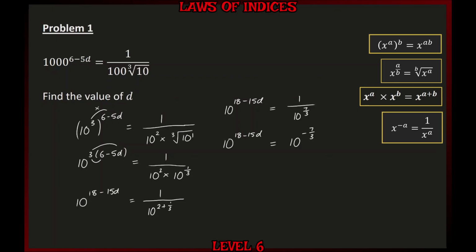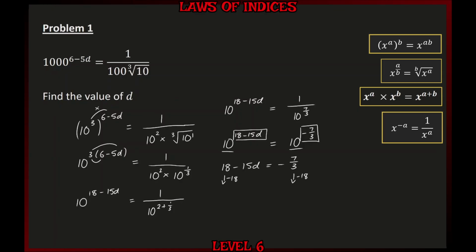Now since we now have an equation which has the same base on both sides, we can say that the powers on each of these 10s are equal to each other. So this means that 18 minus 15d must be equal to minus 7 over 3. To start solving this equation, we can first subtract 18 from both sides.